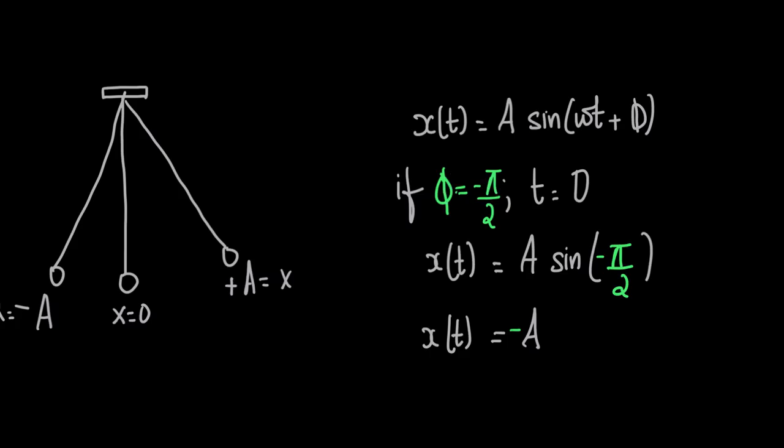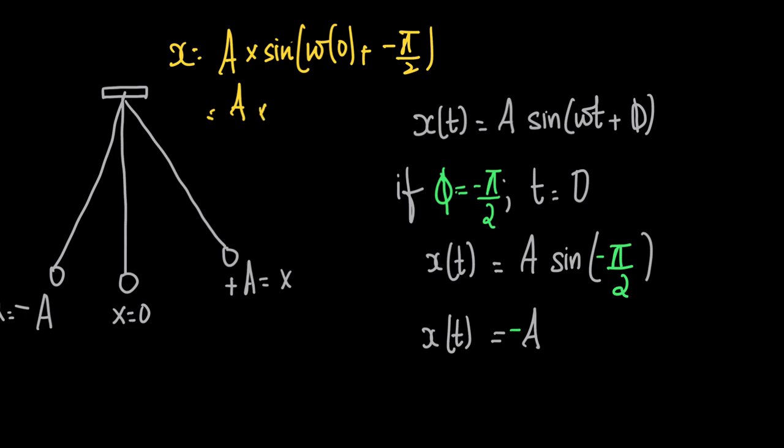So it would mean that x is equal to a times sine of omega t, that is omega into 0, plus phi, which is minus pi by 2, which gives you a times sine minus pi by 2.